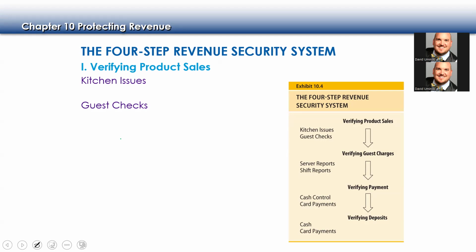Okay. And so when we verify the product sales, the first thing we want to look at is, what did the kitchen issue? I think if we look back at, I believe it was chapter 7 or 8, we were talking about the amount of product that was prepared, and then how much was served, and then how much was put back into inventory.